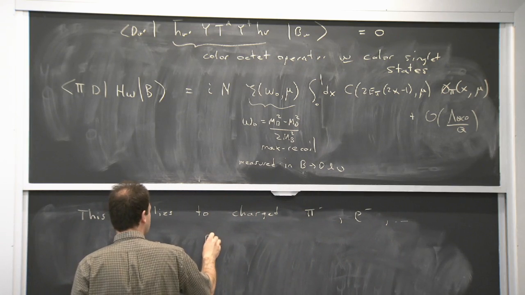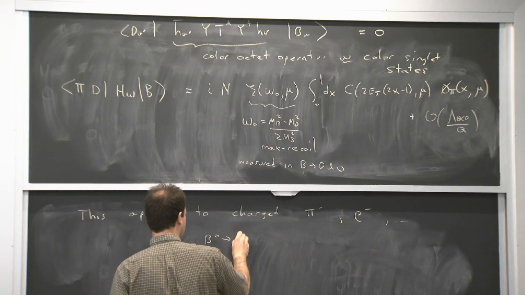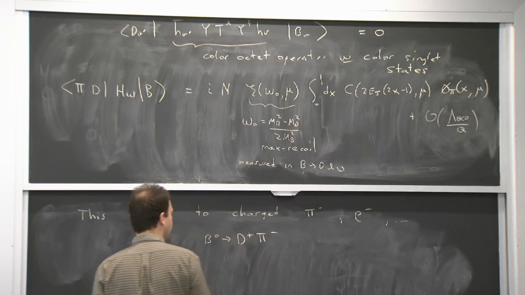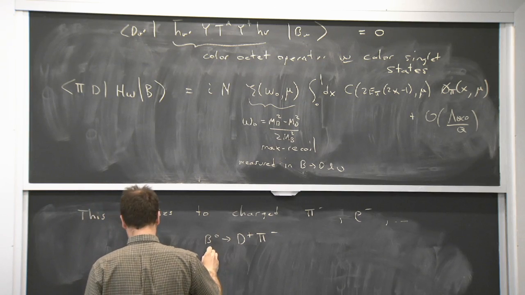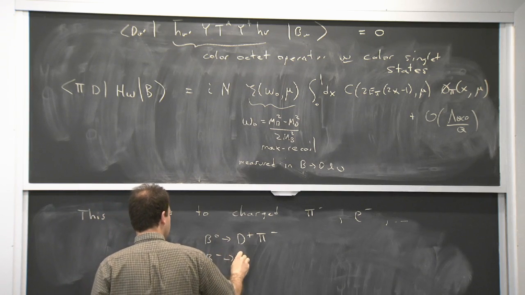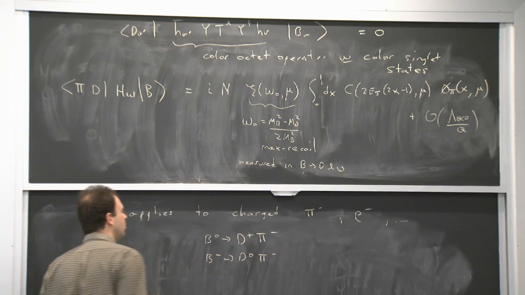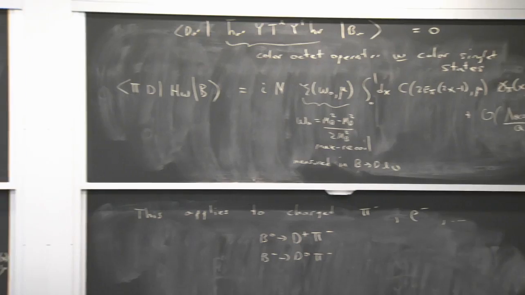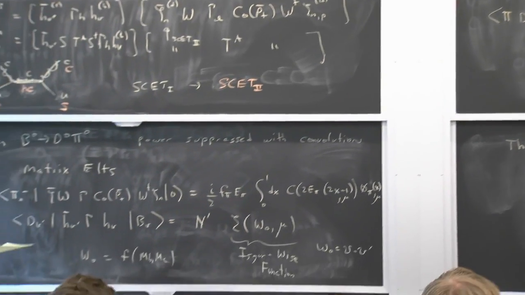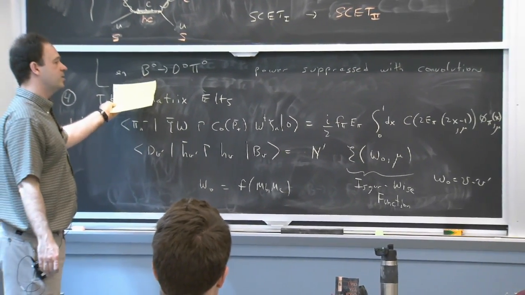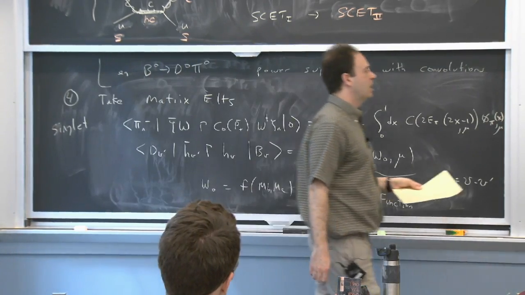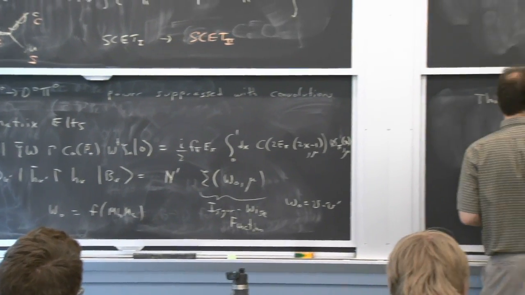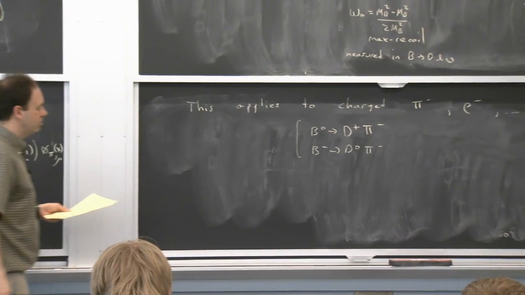So if you wanted to look at charges, you could have B0 to D plus pi minus, or you could have B minus to D0 pi minus. And there's a third one, which is the one we were talking about over here, B0 to D0 pi 0. So there's three different B to D pi transitions, depending on the charges. What we've derived applies to charged pions or charged rhos.